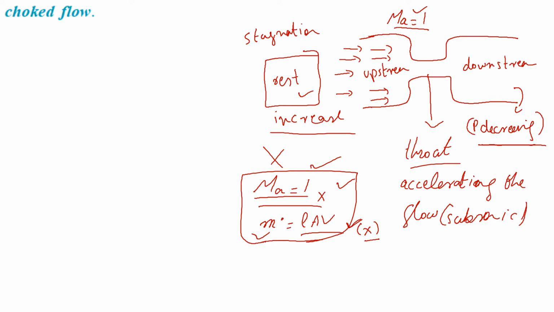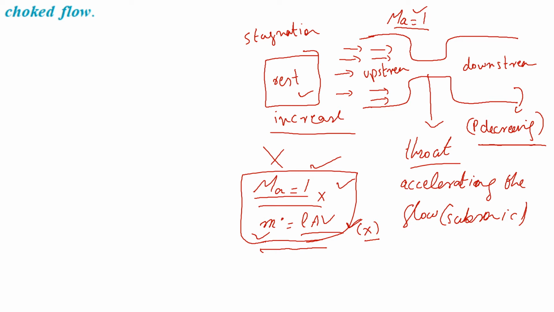So this is what choking flow is, and this is a phenomenon that is sometimes desirable if you want to keep the mass flow rate constant. So it is better that your orifice or your valve or whatever it is should be choked, so that it will give you a constant mass flow rate.